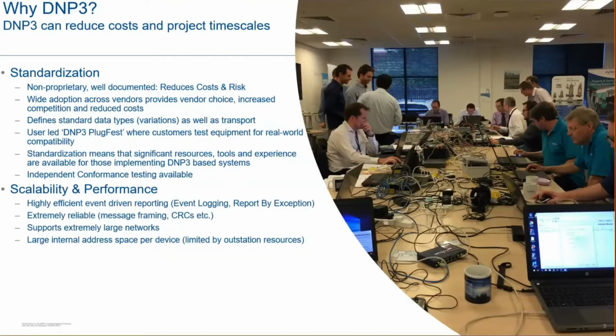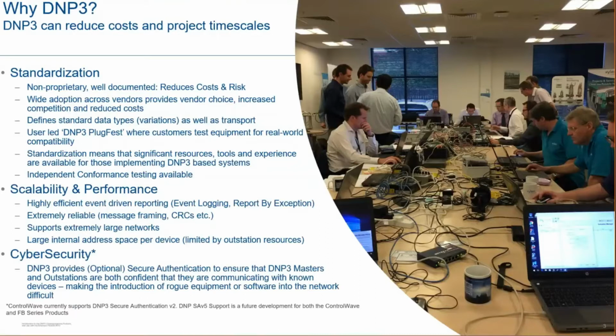There's a lot of features in the framing to deal with that. It also supports extremely large networks and also has a very large internal address space per device. Now, obviously, that's limited by the resources and the memory on whatever hardware you're using, but what it means is DNP3 is pretty much future-proofed looking forward in terms of the amount of data it can handle.